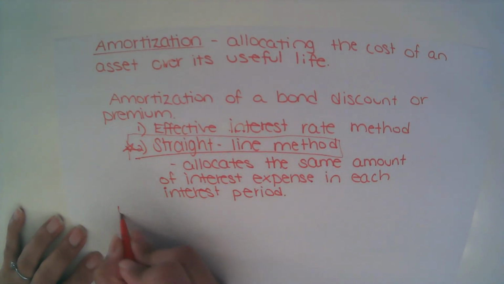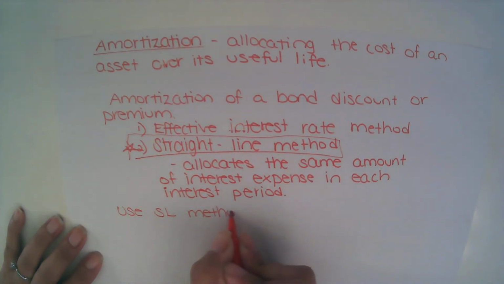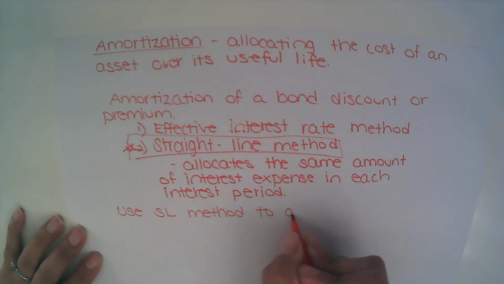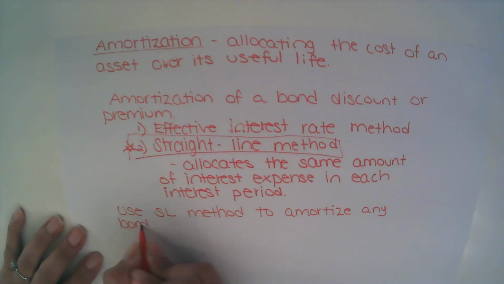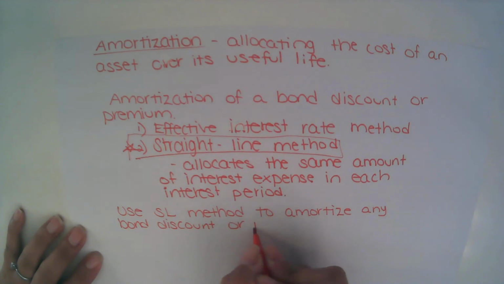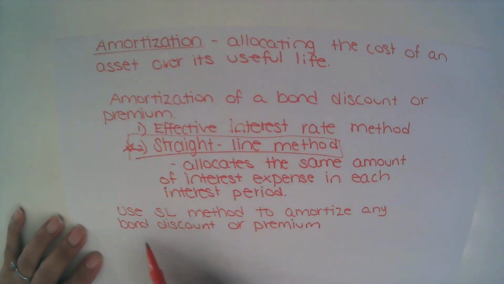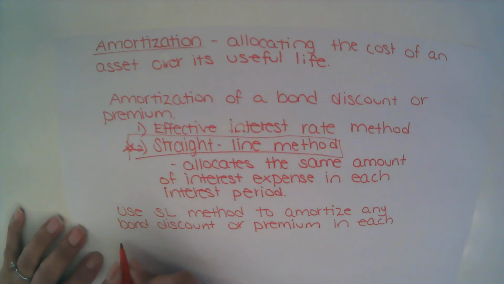Okay, so we're going to use the straight line method to amortize any bond discount or premium in each interest period.